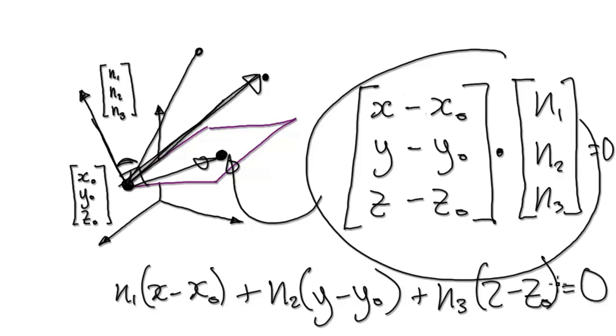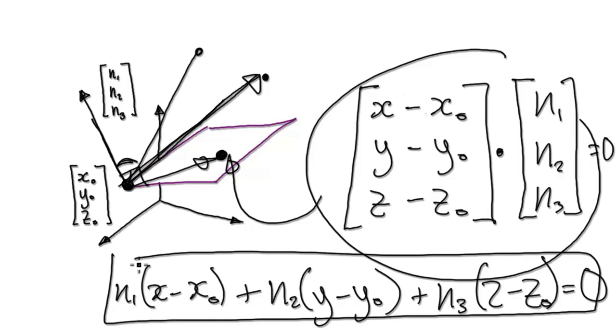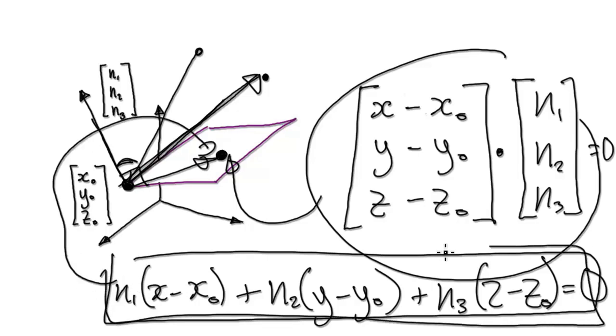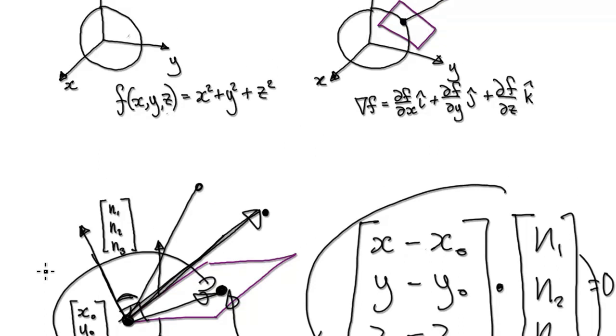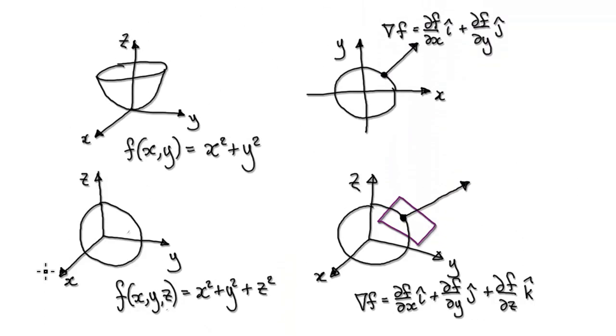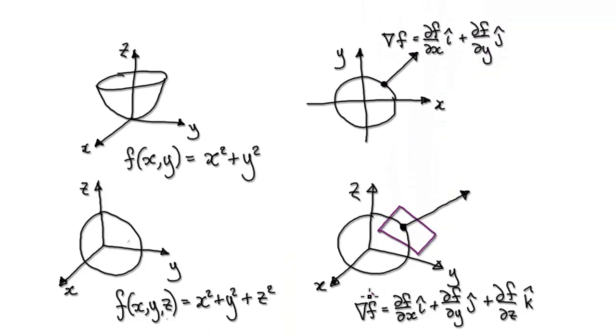You need to demand that it equals 0. So this is the way we would describe the equation of the plane. We've already seen this before. I've already done many videos on this, so I'm expecting you to know this. Now in the next video I will give you an example of how we can use grad f, which will be this vector here, to describe the tangent plane.